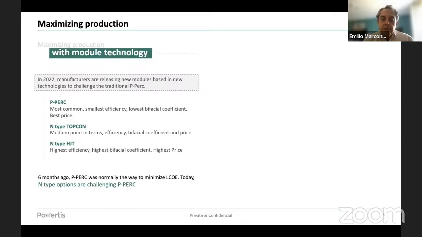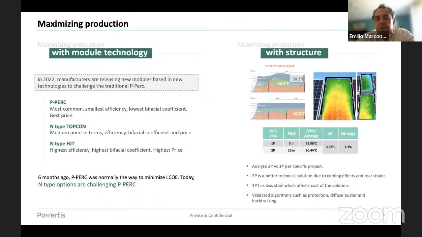For some projects, we are seeing that it makes a difference going to N-type modules. There's no doubt that this is happening right now. If we talk about the structure, we always analyze both options, 2P and 1P.